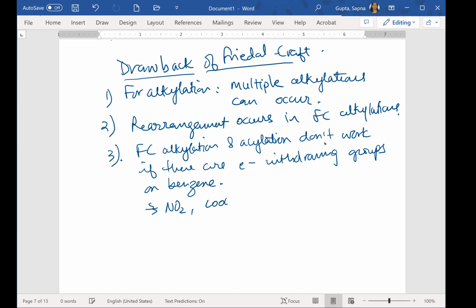Nitro group, carboxylic group, carboxylic ester, amide, nitrile. You have the list from Diels-Alder reactions. Bring that list out now. I told you to write that on an index card or a separate page. You're going to use that list again, because all the electron withdrawing groups that make a good dienophile are the same electron withdrawing groups here also. So both the alkylation and acylation do not work if you have electron withdrawing groups on the benzene.